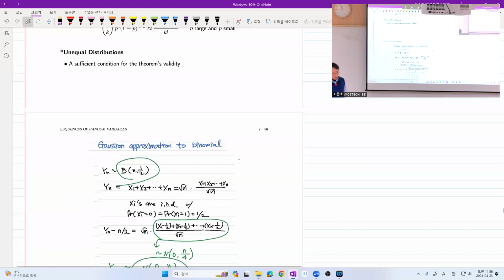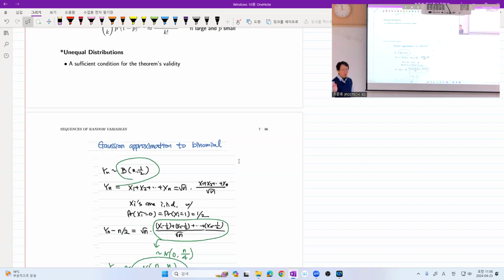Now, before we prove one of the central limit theorems, we want to mention this important thing. Sometimes the central limit theorem can be generalized to just independent random variables with the same mean 0 and the same variance sigma, but not identically distributed, okay? So the identical condition sometimes is not required.